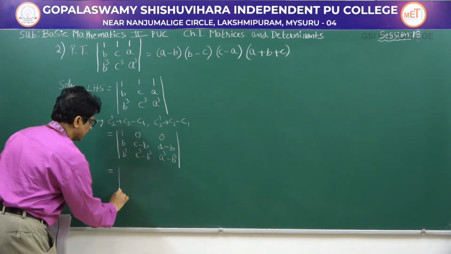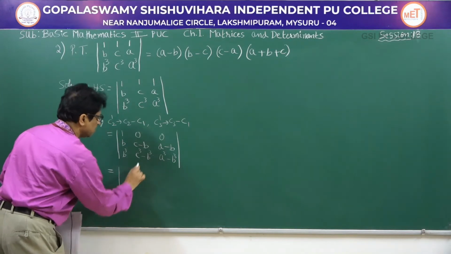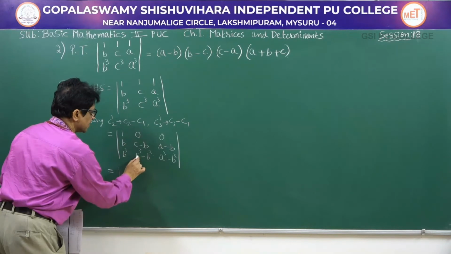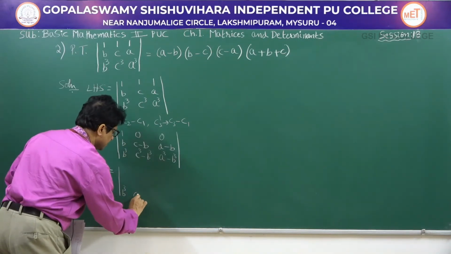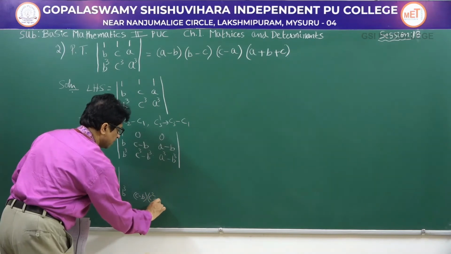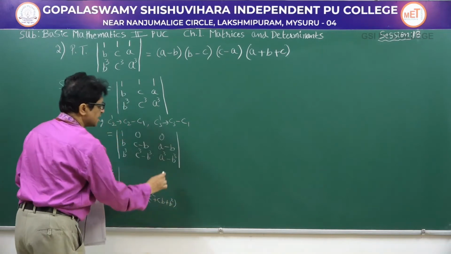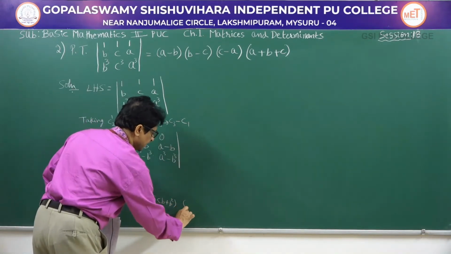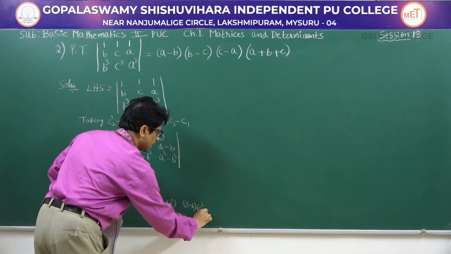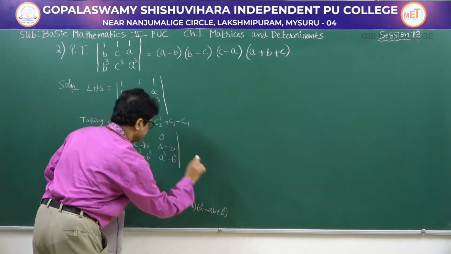So that will be equal to determinant of, so b cube, c cube minus b cube, that is a cube minus b cube formula we have to use. c cube minus b cube is c minus b into c square plus cb plus b square. Similarly here a cube minus b cube is a minus b into a square plus ab plus b square.